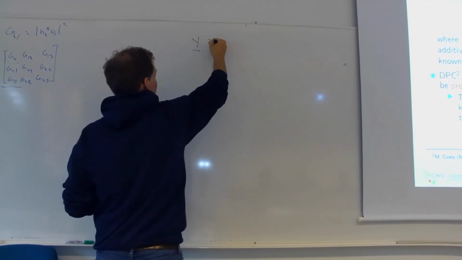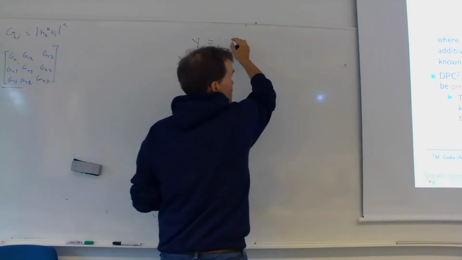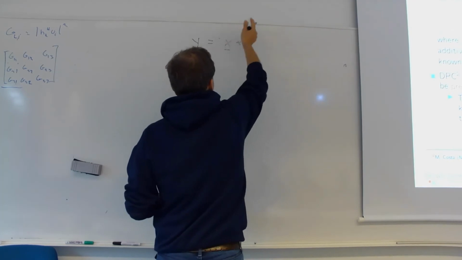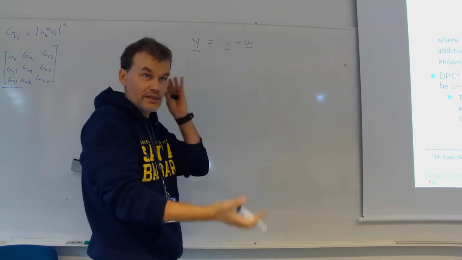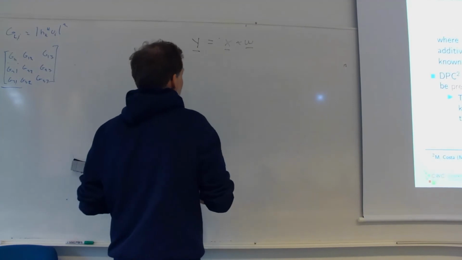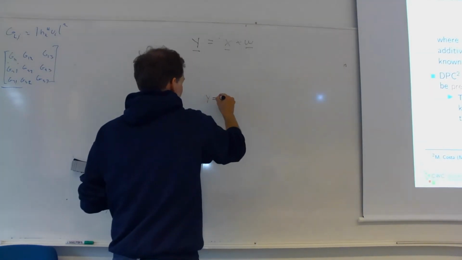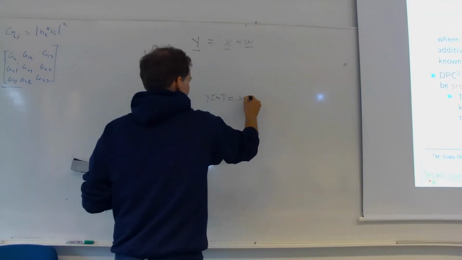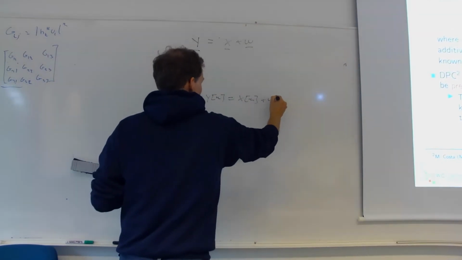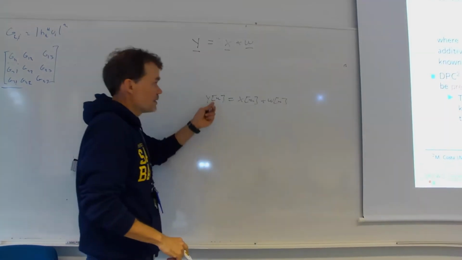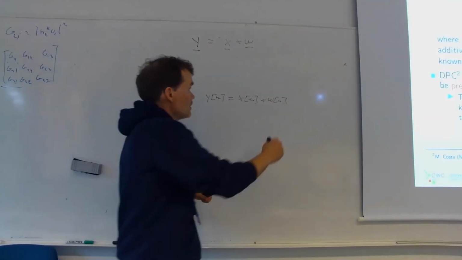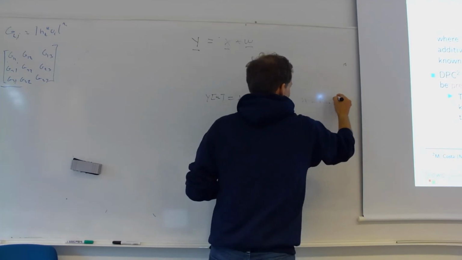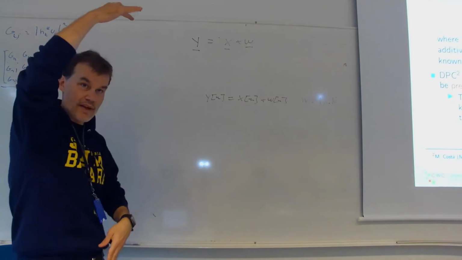So we have y equals x plus w. These are n-long vectors, like y_m equals x_m plus w_m, but we just gather all these n values into an n-long vector, okay?